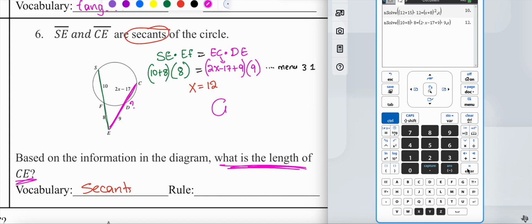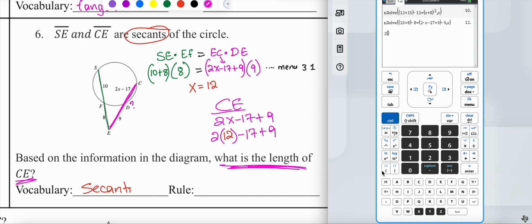So CE is 2x minus 17 plus 9. 2 parentheses, so x. So this x is going to be this x that we found, which is 12. Minus 17 plus 9. And then you just put that in your calculator.